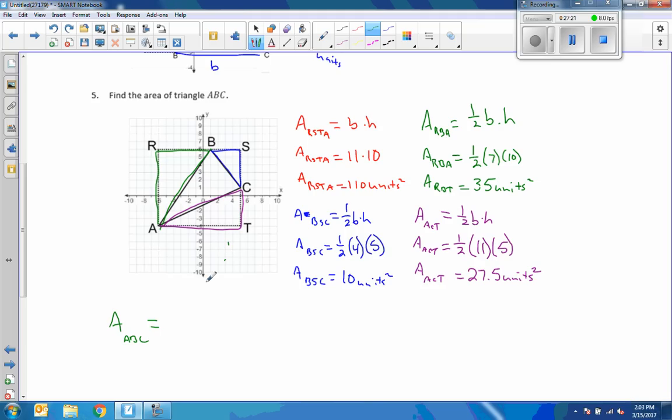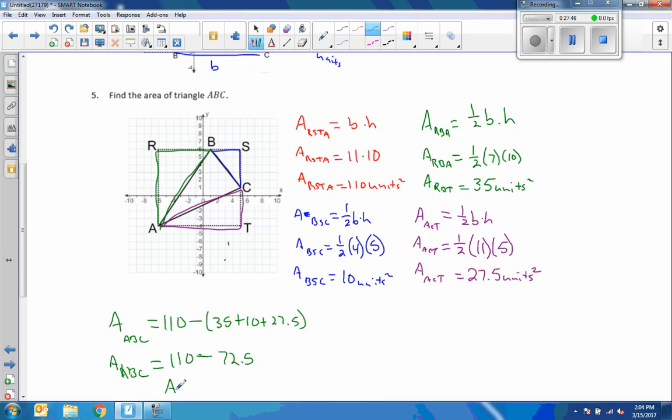So it's 110 minus the quantity 35 plus 10 plus 27.5. So the area of ABC equals 110 minus 35, 45, 55, 65, 72.5.